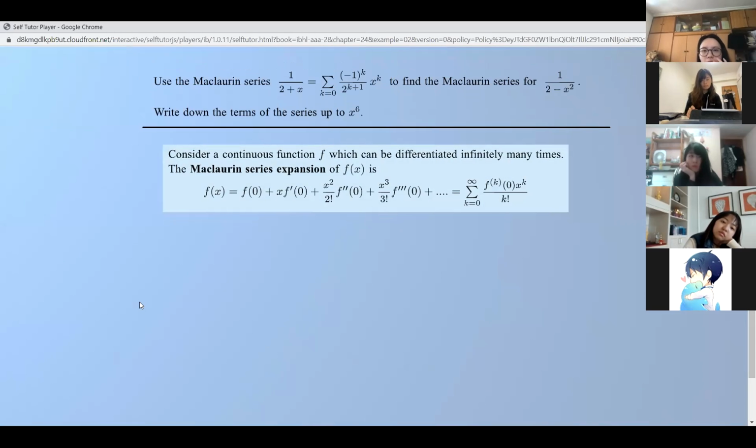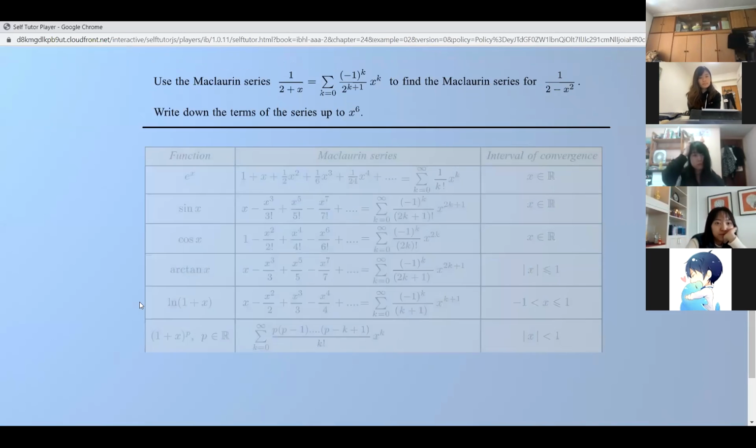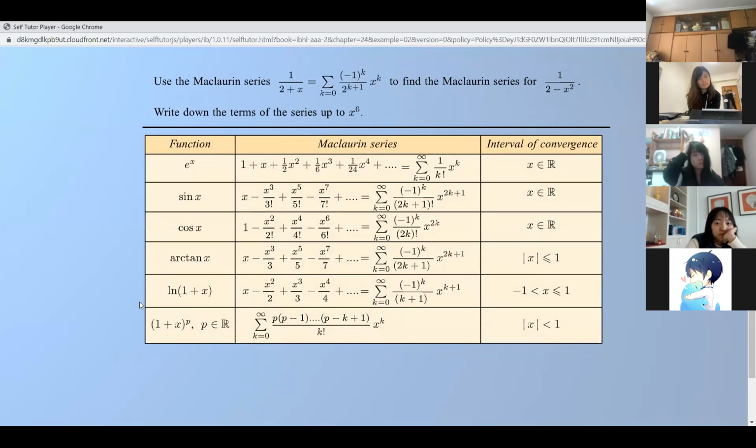We have already seen the summation notation definition of the Maclaurin series. It can be used to generate Maclaurin series representations for a number of standard functions. Depending on our purpose, it may be more appropriate to use summation notation or simply the first few terms.